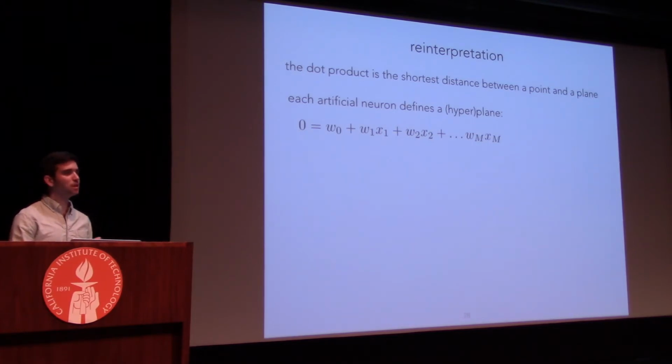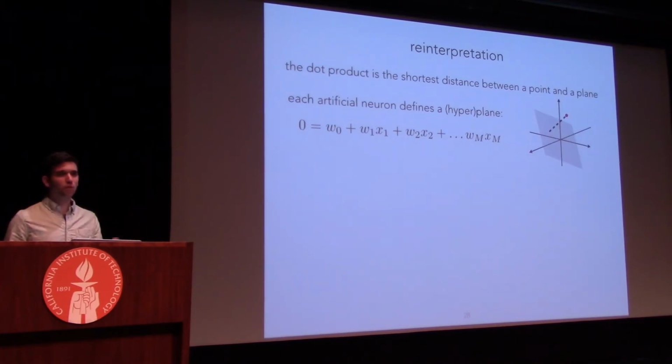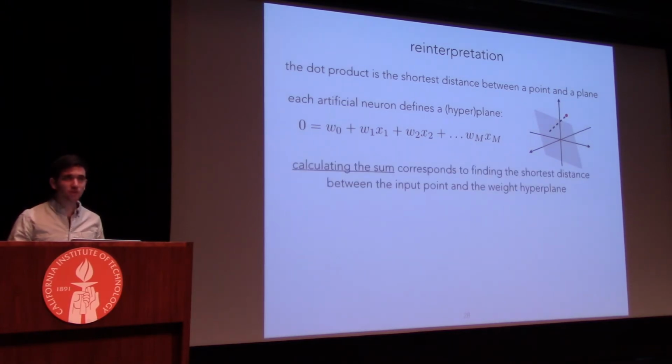So we have this plane in this multidimensional space, and we have this input vector which we consider a point in that space. So what we're actually doing here is we're taking this weight plane and computing with this dot product a distance to the input vector.